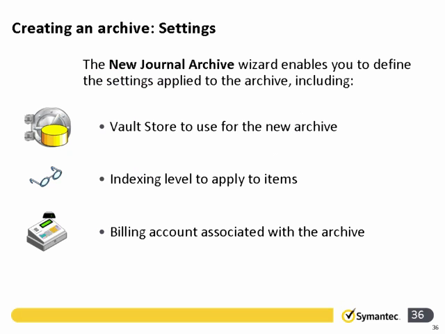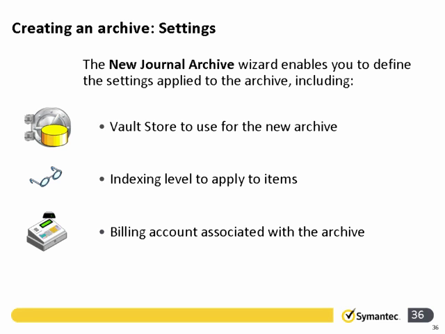We'll go through the wizard to create the archive, and some of the settings that you're going to specify is going to be the vault store. And again, we talked about the considerations for which vault store to choose. You're also going to specify the indexing level, and we'll talk in more detail about indexing in lesson 11, but we have the two different indexing levels, brief and full.